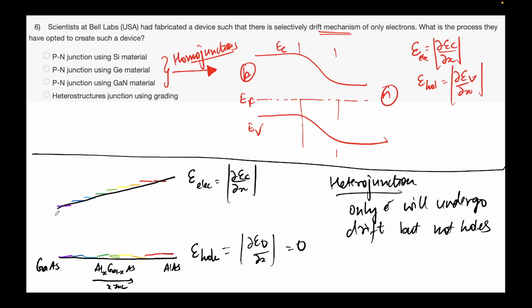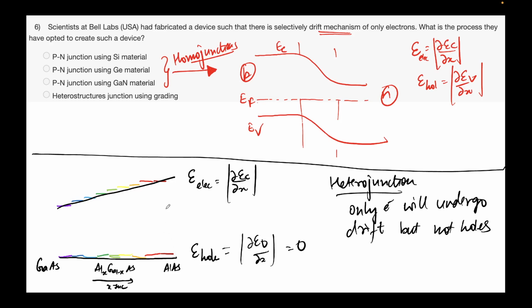Here the band gap continuously keeps on increasing, and we obviously have to choose such a family. This is the trick, and how we choose we'll come to when we talk about the band structures, but this is at least imaginable. If not practical, you can appreciate that this is possible. You just have to figure out a way to ensure that the EV remains flat for all these different compositions.